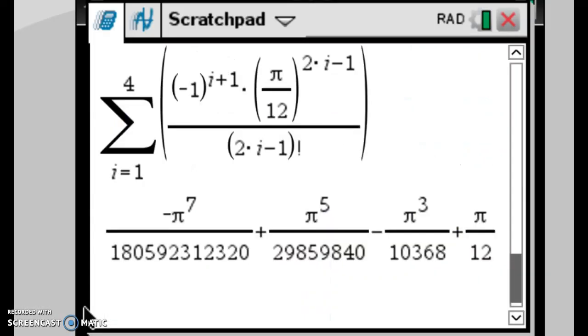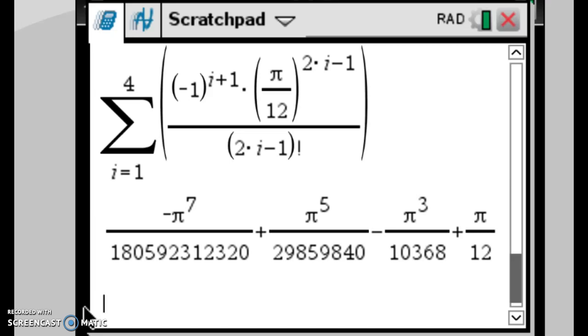Let me show you how I wrote this sum in the calculator. I could have written by hand exactly what we wrote before, but that would take quite a bit of time, I believe. So I have a sum, with my value i going from 1 to 4, so there will be 4 terms.